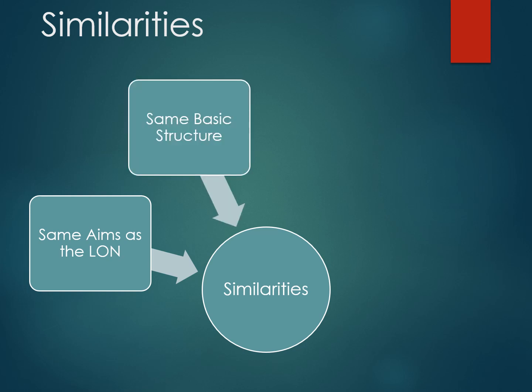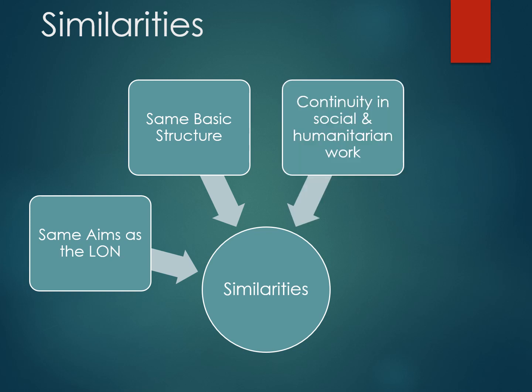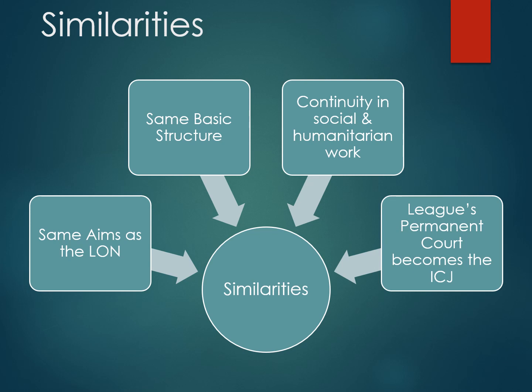And as a result, the UN had a very similar kind of structure to the League of Nations. There was a lot of continuity, particularly in its social and humanitarian work, and even the League's permanent court would go on to become the ICJ.